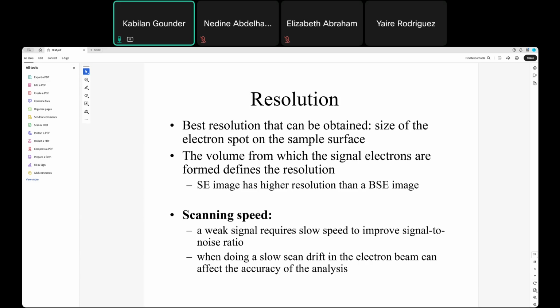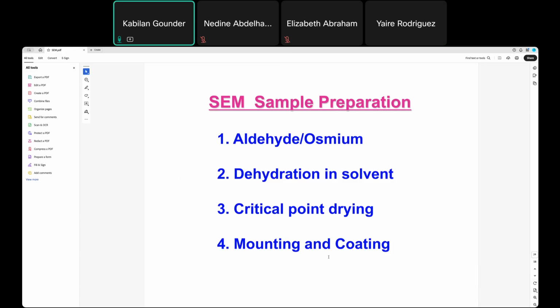A weak signal requires a slow speed to improve the signal to noise ratio. When doing a slow scan, the electrons that drift in the electron beam can affect the accuracy of the analysis. So it is very important that the scanning back and forth is optimal.